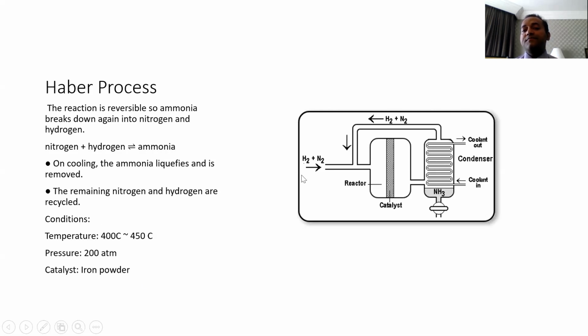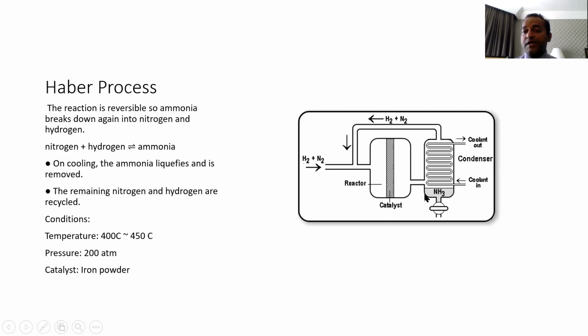This is a very simple diagram. We have hydrogen and nitrogen. Hydrogen is coming from the cracking of petroleum or steam. Nitrogen is coming from the fractional distillation of air. Both of them are supplied into a reactor. This reactor contains iron powder to increase the surface area, and the temperature of this reactor is about 400 to 450 Celsius, with a pressure of 200 atm.